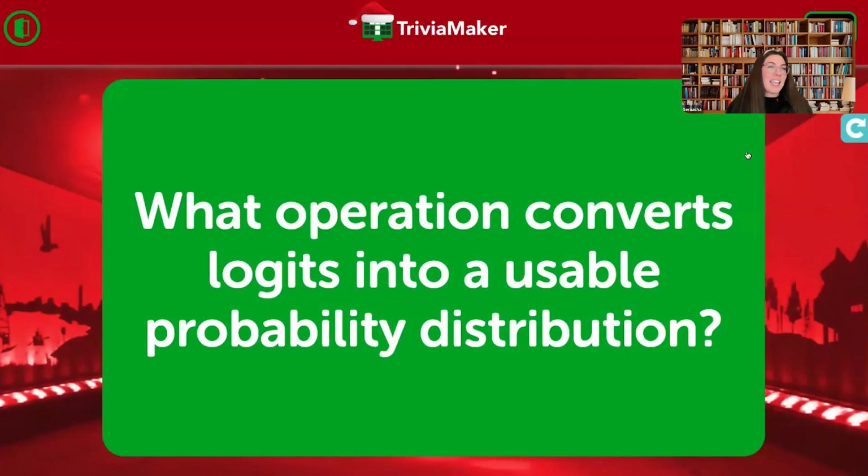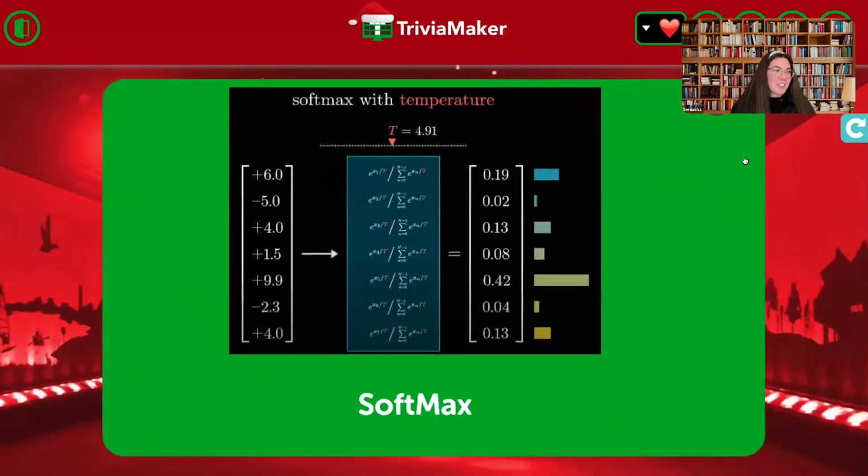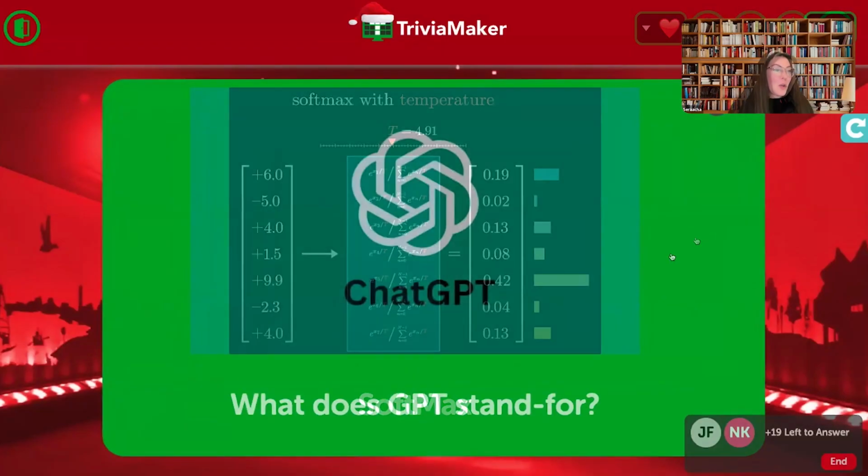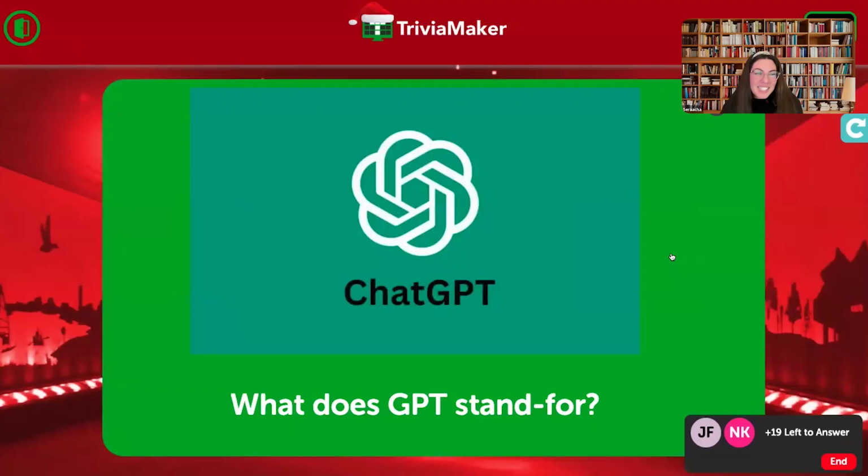All right, let's see what the answer was. Softmax! What does GPT stand for?